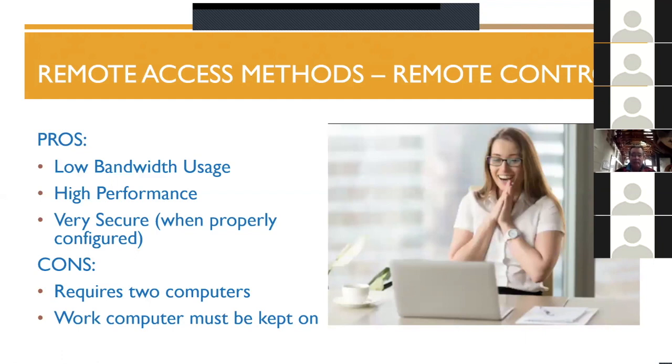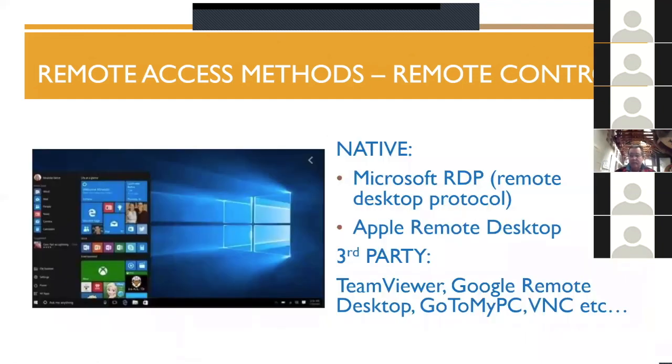All right, so using LogMeIn for remote access. We'll cover some of the additional providers in the next slide. So that's a good point. There are two groups of remote control solutions. One is the native remote control, which is Microsoft RDP or Apple Remote Desktop. I think Microsoft RDP is the most popular one right now because they also allow you to configure it so you can access it from the outside properly and securely.